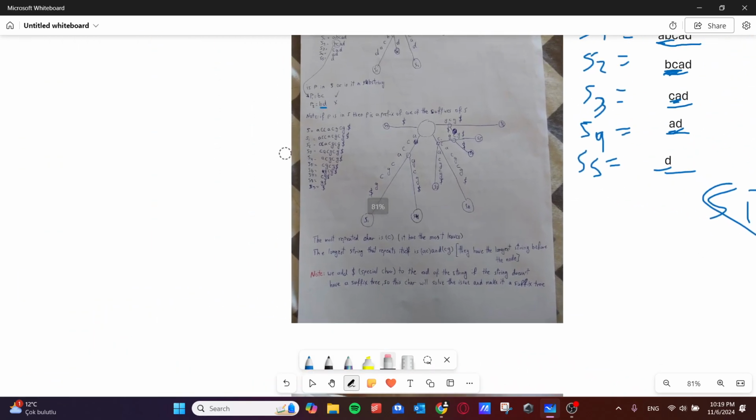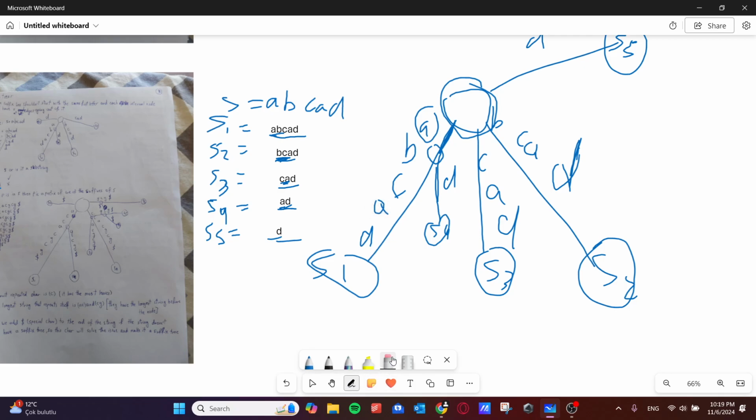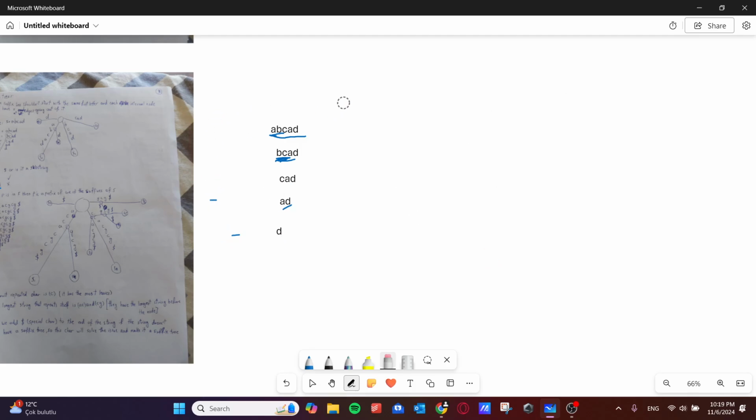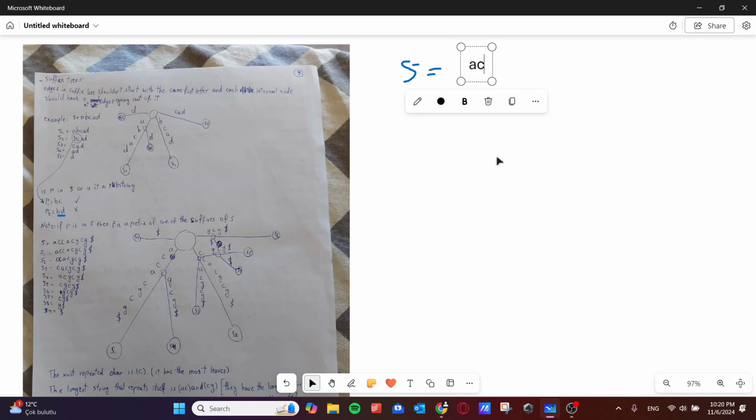So let's solve this out at first. Here we have S equal ACC dollar sign.